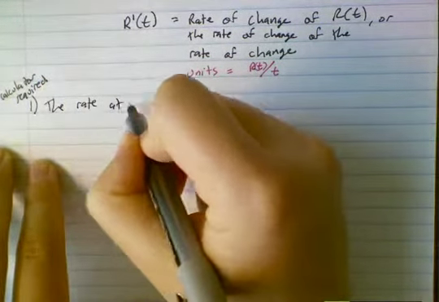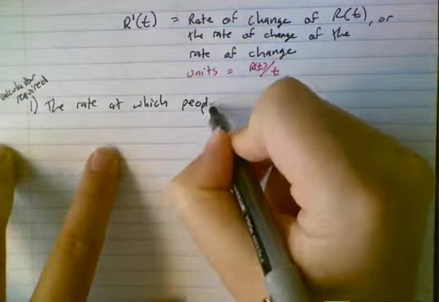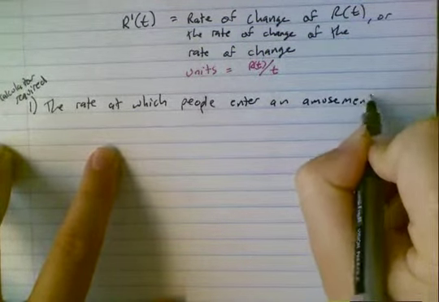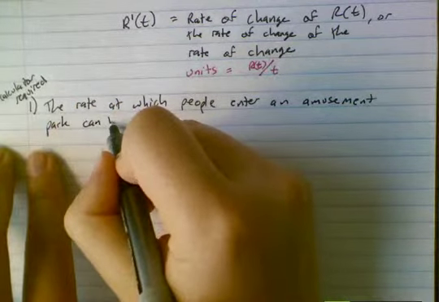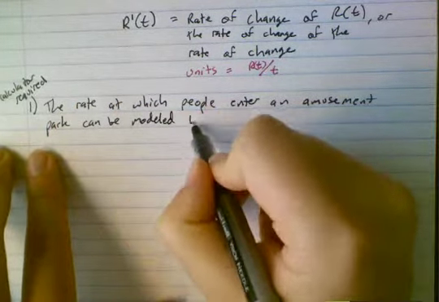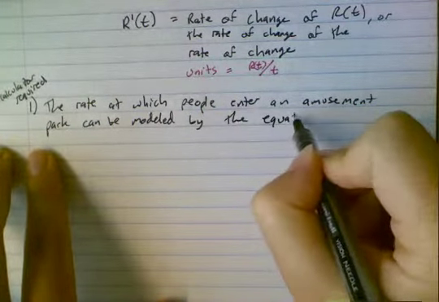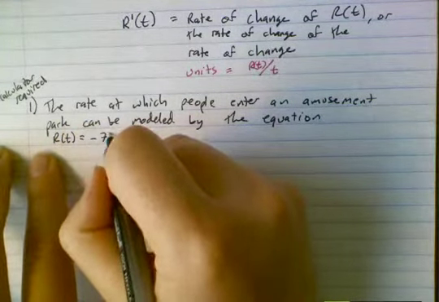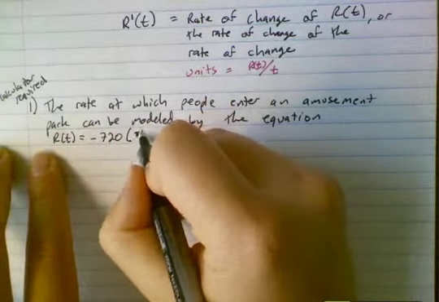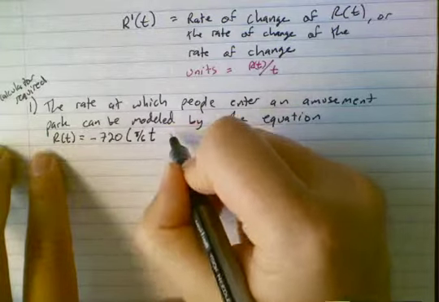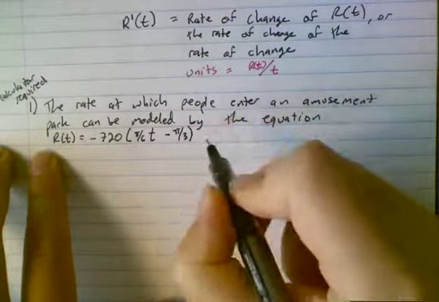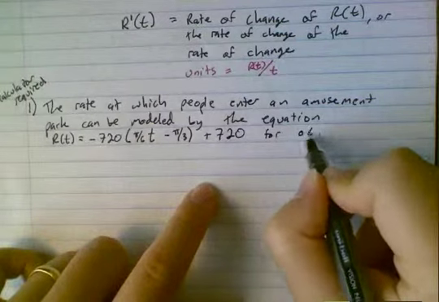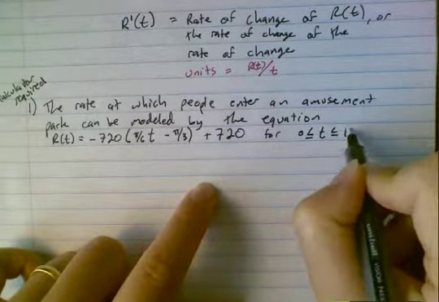The rate at which people enter an amusement park can be modeled by the equation R of t equals negative 720 times sine of pi over 6 t minus pi over 3, plus 720. And that's when t is between 0 and 13.